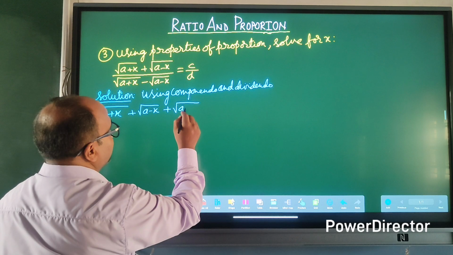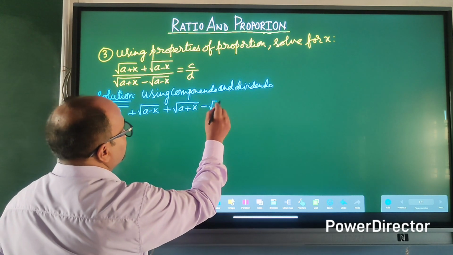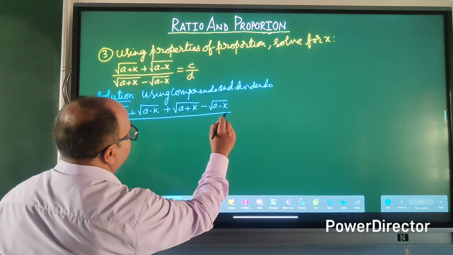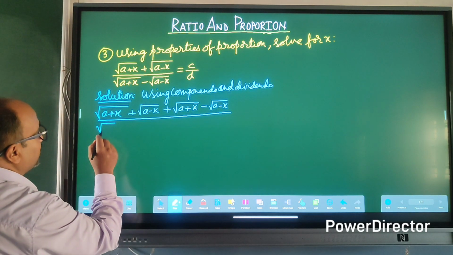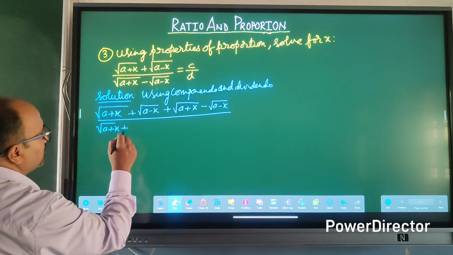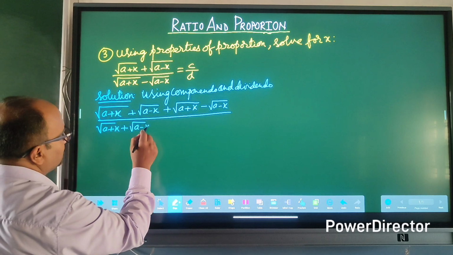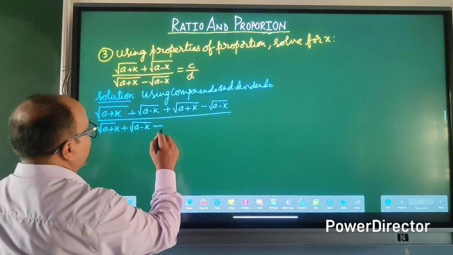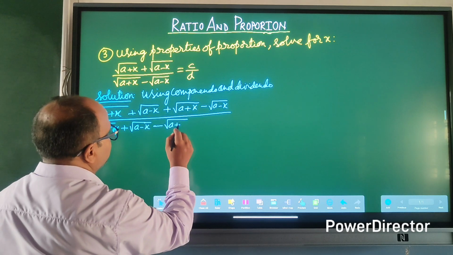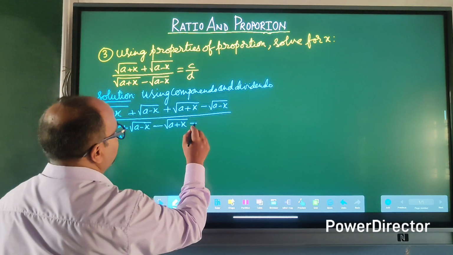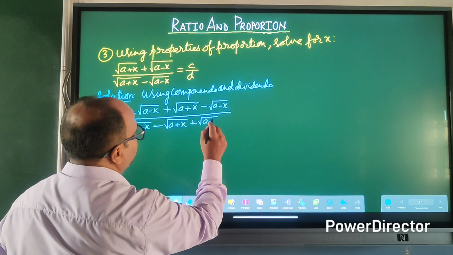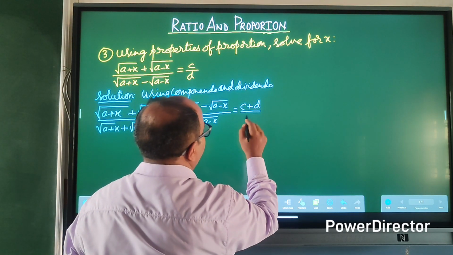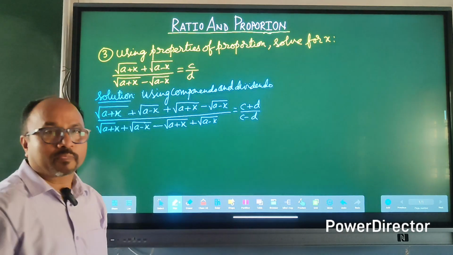With this we add the denominator, under root of a plus x minus under root of a minus x, divided by, first writing the numerator in the denominator, minus, we have to do minus of the denominator, so under root of a plus x, now minus will become plus under root of a minus x, and that will be equal to c plus d by c minus d.